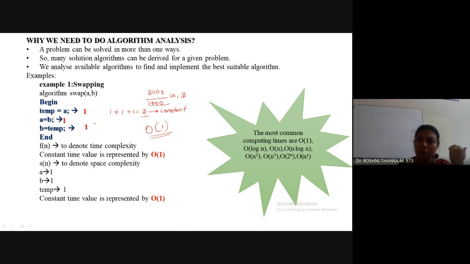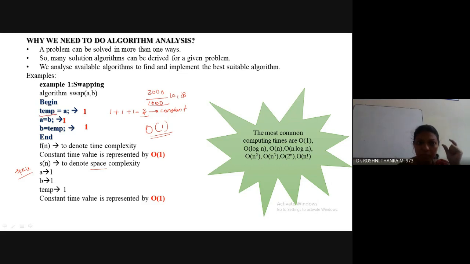Now we want to talk about space complexity. We want to see how many variables are used, because space complexity means we have to say how much memory space is occupied by this algorithm. Variables are usually used to store some data, and they occupy some memory space. So we have to say how many variables are used in this algorithm.